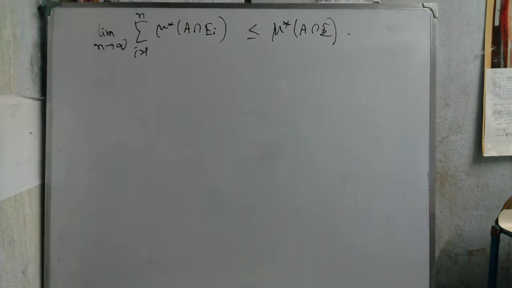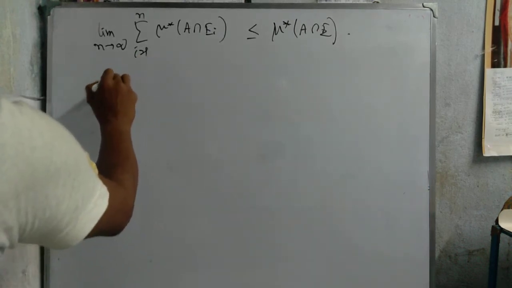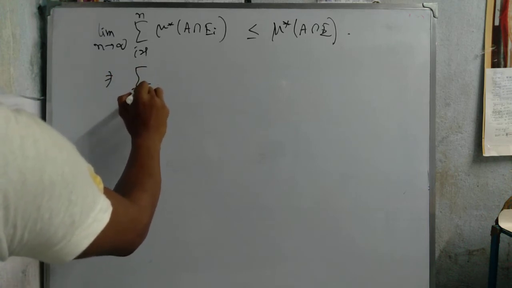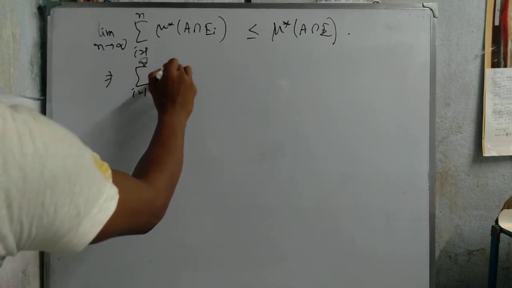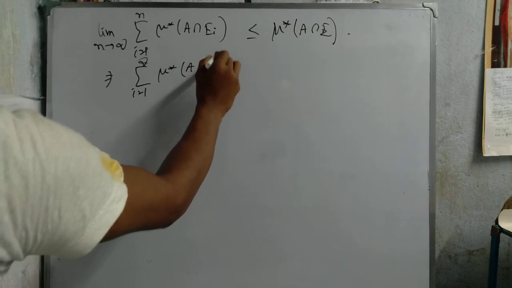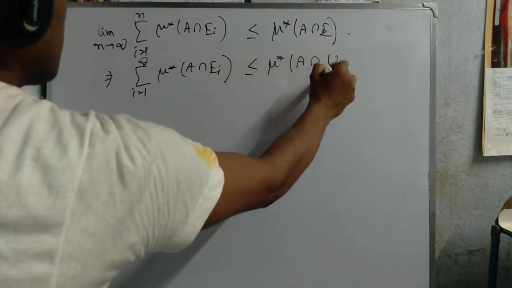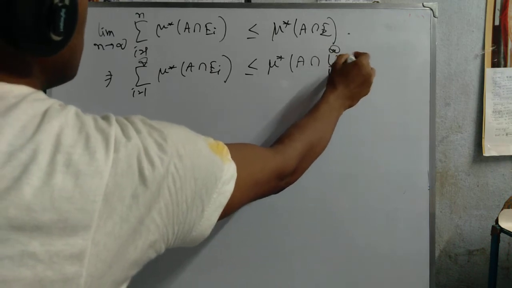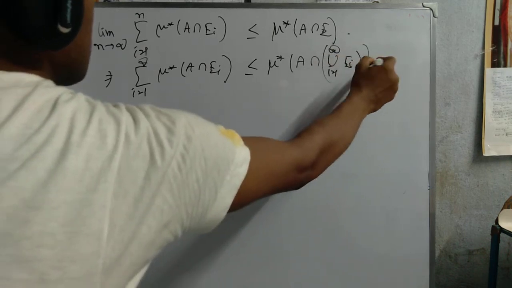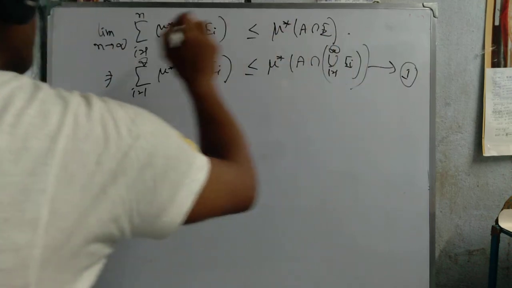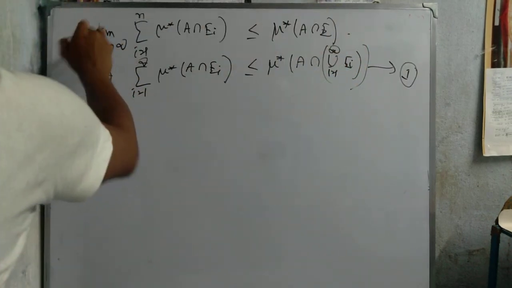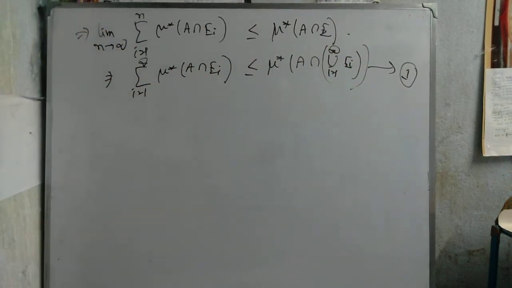Here, the sum over i equal to 1 to infinity of mu star of A intersection E_i is less than or equal to mu star of A intersection union of i equal to 1 to infinity E_i. Yes, marked as 1. If we write this one, it is better. But if we write this one, not a problem at all. Yes. Next we go on with the discussion.